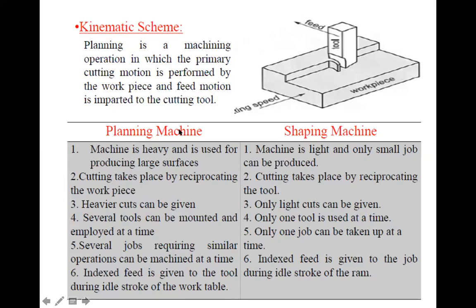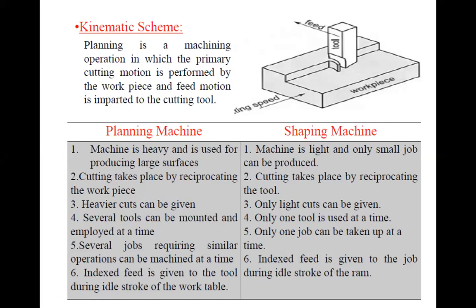Coming to the major differences between the planing and shaping machines: normally the planing machine is heavy and is used for producing large surfaces, whereas the shaping machine is light, for small to medium sizes, and only small jobs can be produced. The cutting takes place by reciprocating the workpiece in the planing machine, whereas in the shaping machine cutting takes place by reciprocating the cutting tool, which is mounted on the ram.